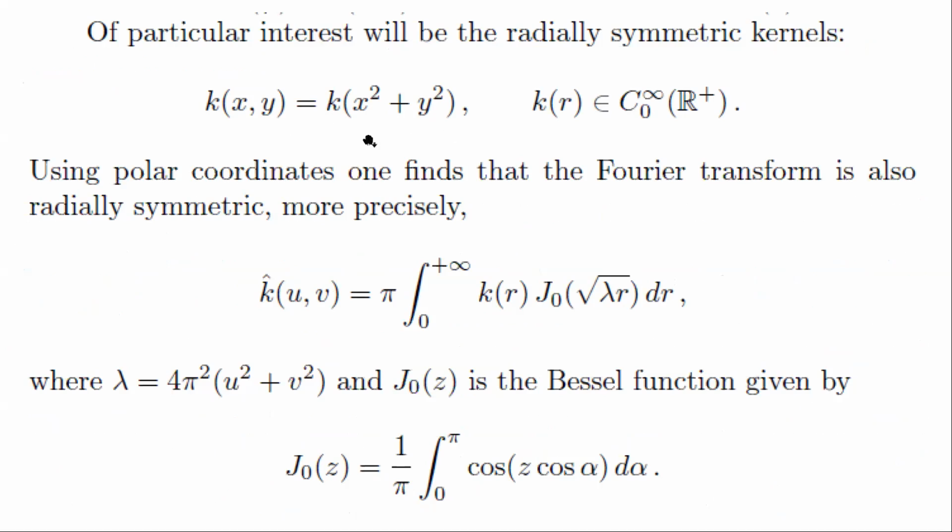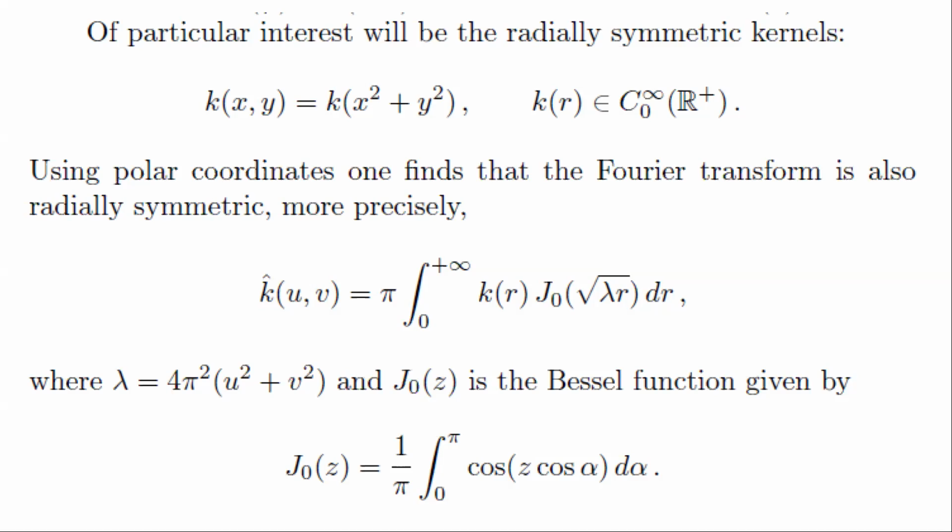So what is unfortunate about this notation over here? K sometimes takes multiple variables and sometimes one. Correct. So K takes two variables, except when it's clear that it takes one variable.